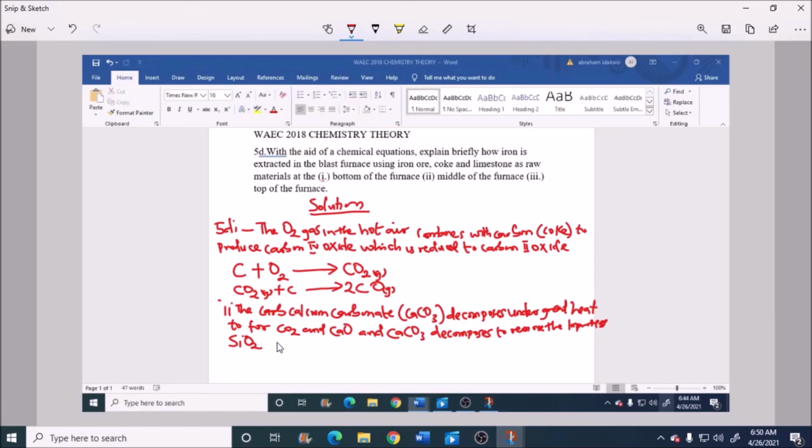Then we have to represent this expression in equation.